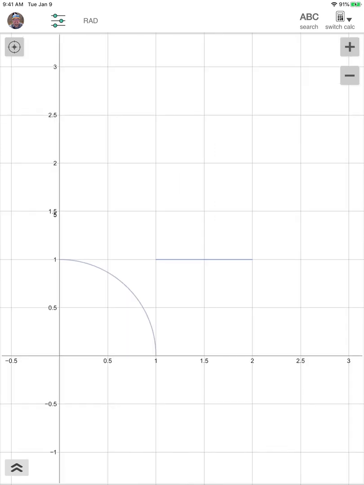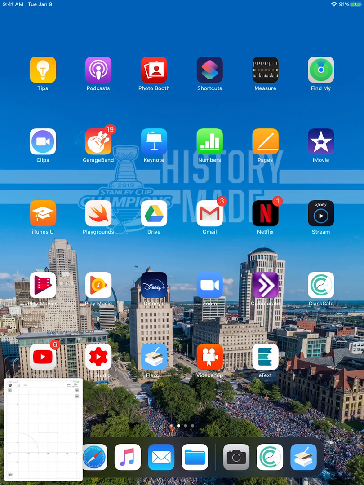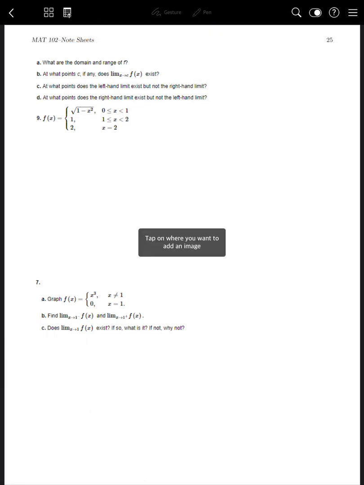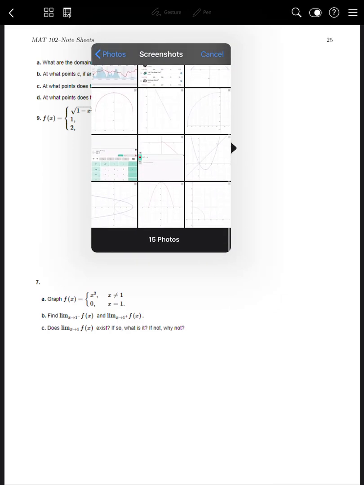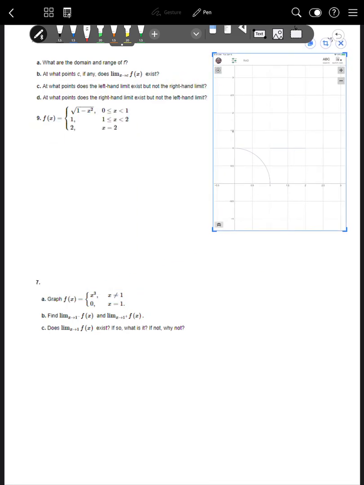Okay, so this graph looks like this, and you can see it there. Let's just make these a little darker. Then I'll add in that last point that went away when we tried to graph it by hand. So now the question is, what are the domain and range of f?